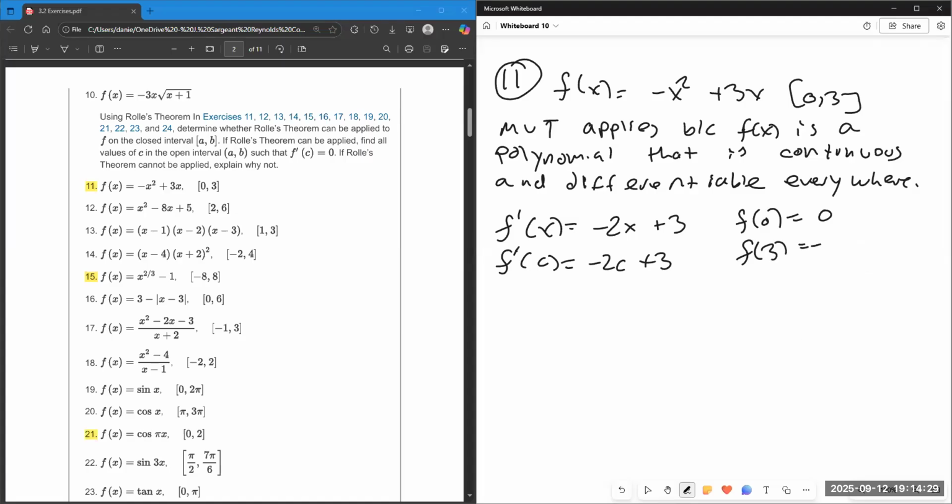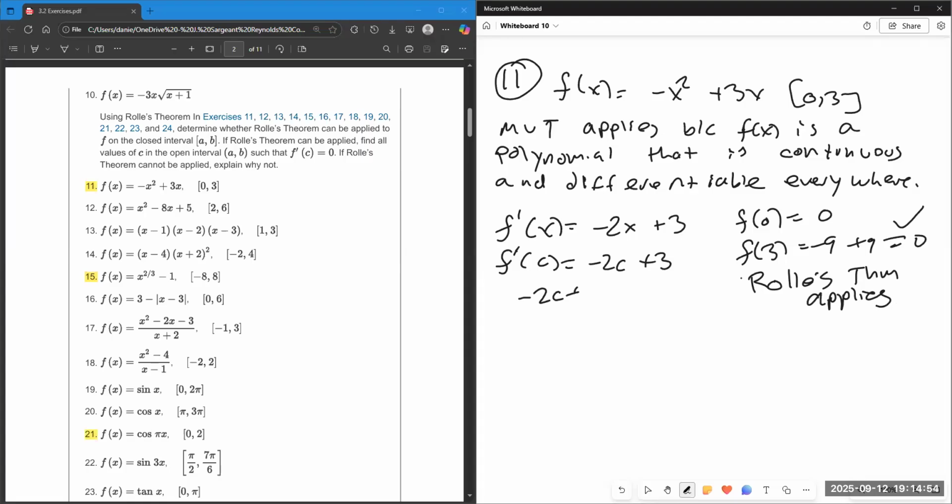F of 3 is negative 9 plus 9, which is 0. So that's condition 3 that's met. So Rolle's theorem applies.